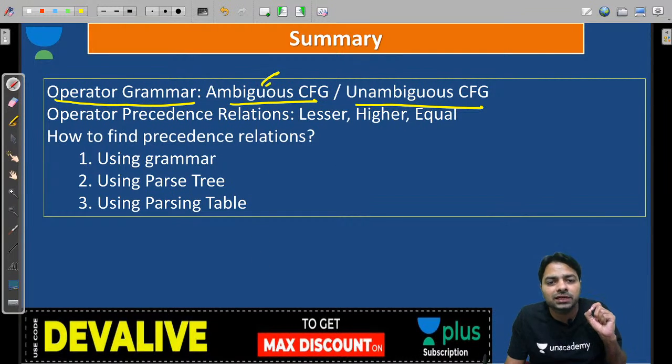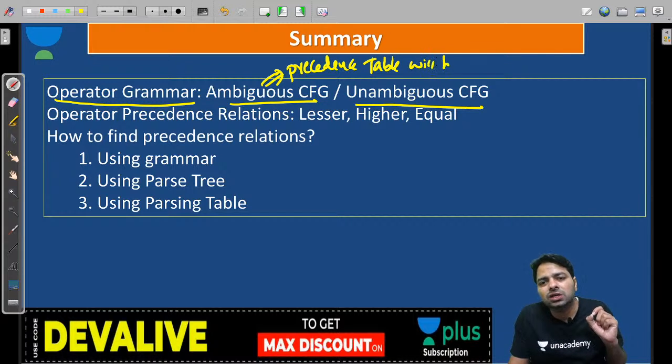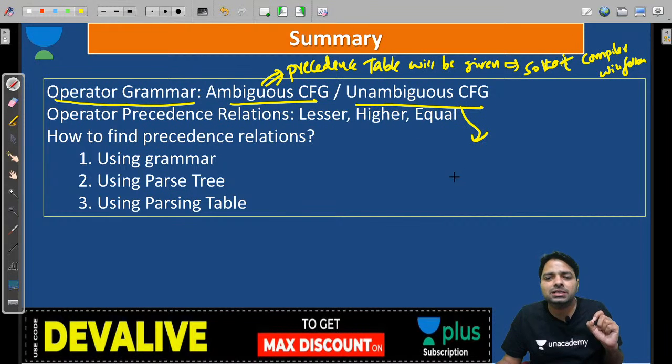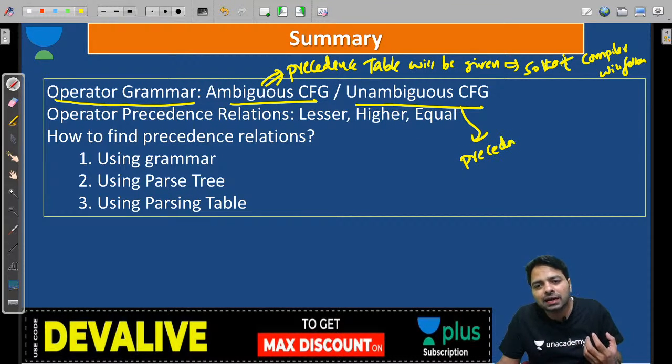But for ambiguous CFG, the precedence table will be given mostly. You don't compute. Precedence table will be given so that the compiler will follow that. And when you have unambiguous grammars, the precedence table will not be given. It is there already in the grammar.